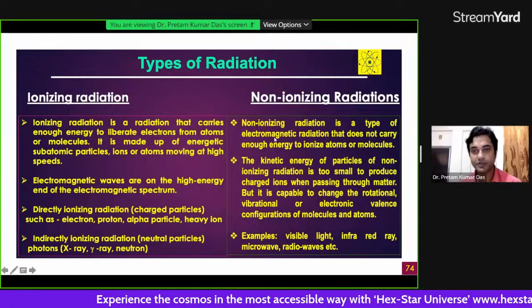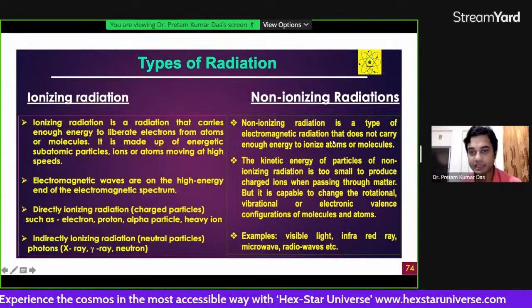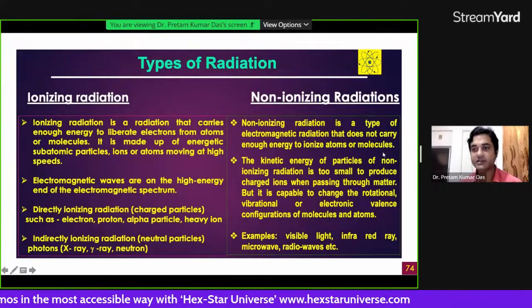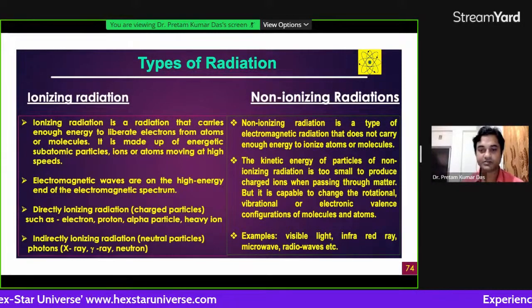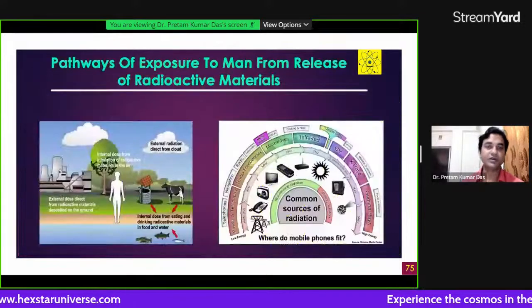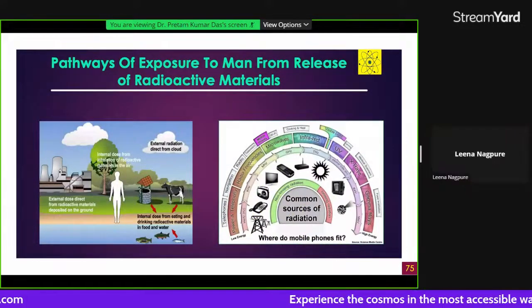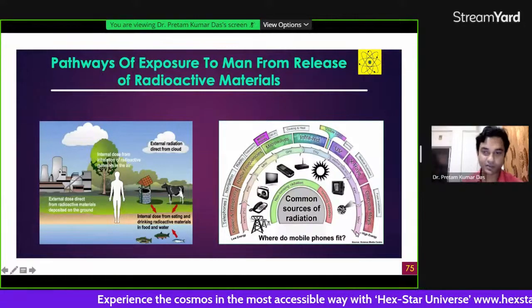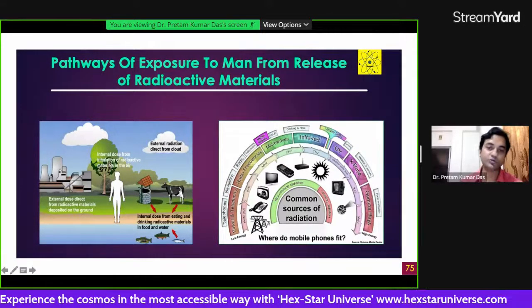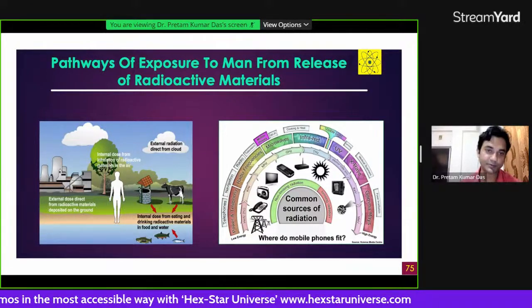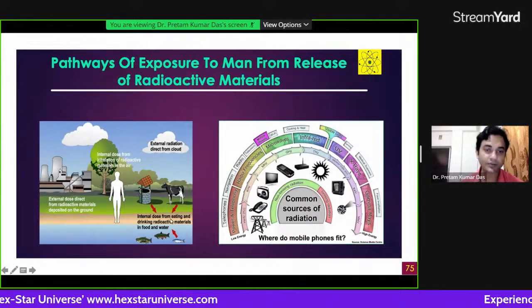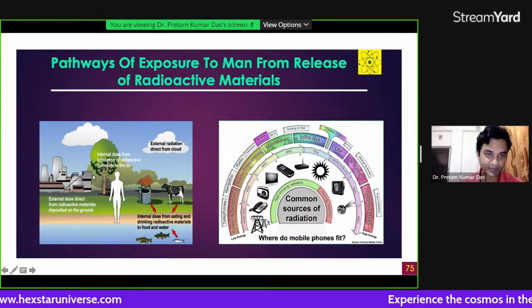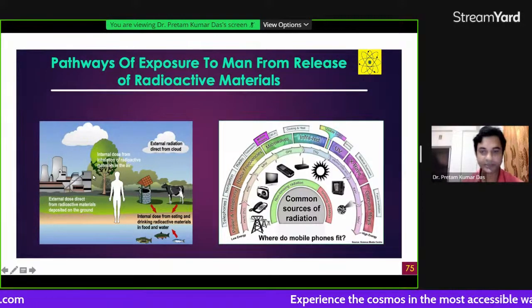Non-ionizing radiation is a type of electromagnetic radiation that does not carry enough energy to ionize atoms or molecules. These are visible light, infrared, microwave, and radio waves. In our daily life, we go through a lot of radiation; we are living inside radiation. We take in radiation through food and through the environment.